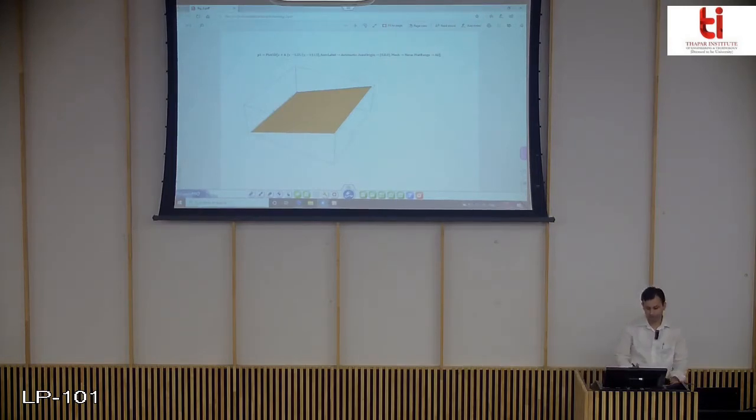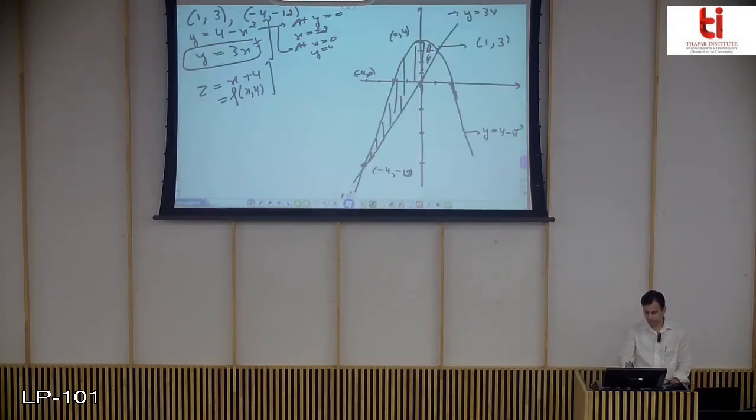However, in this particular case we will be considering only that part of the plane that goes above the bounded region in the xy plane, and below that part of the plane and above this bounded region, we need to find the volume of that particular three-dimensional region.